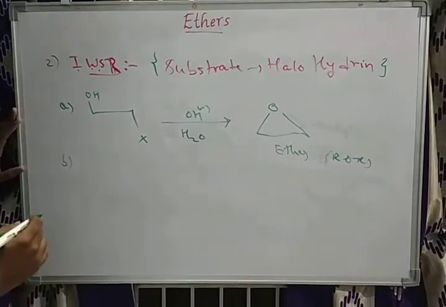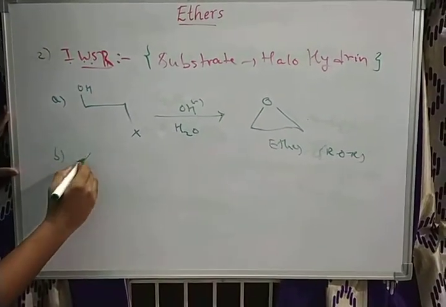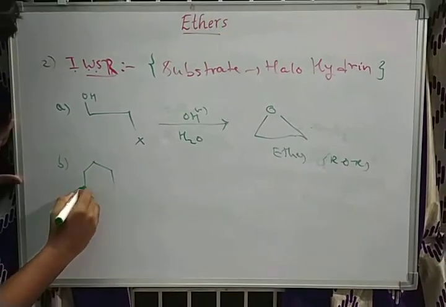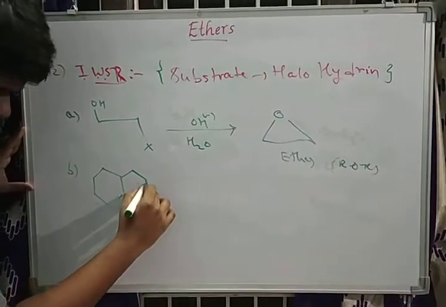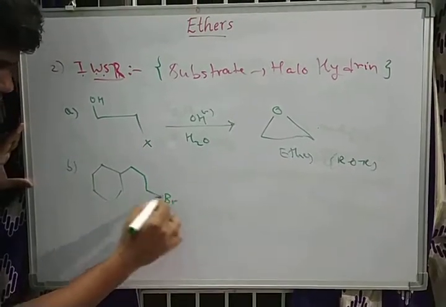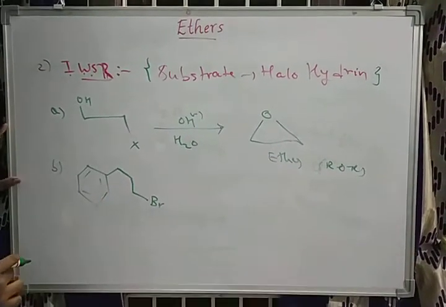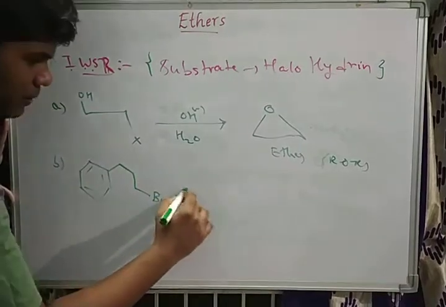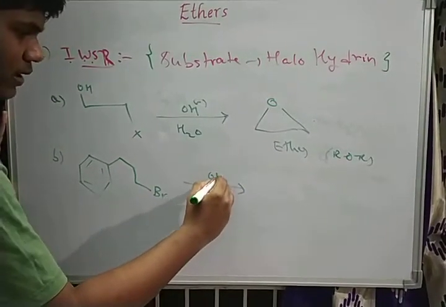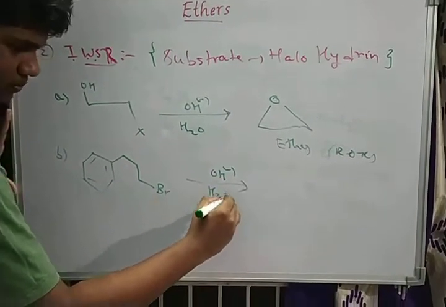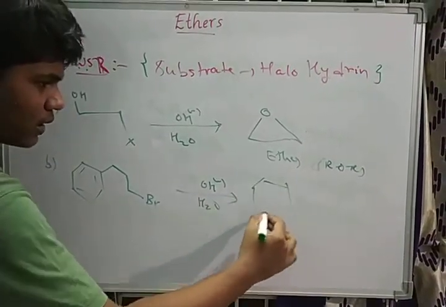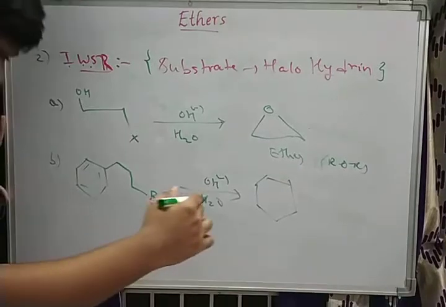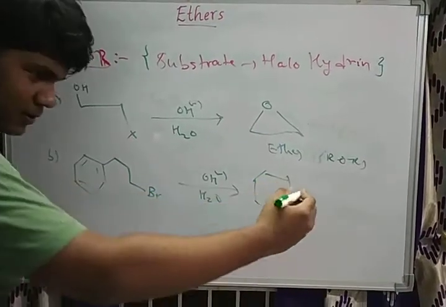So, second example, let us take one with a benzene ring, with Br, pi bonds, in the presence of OH minus and H2O. We can get an ether; the ether will be obtained in the second ring.